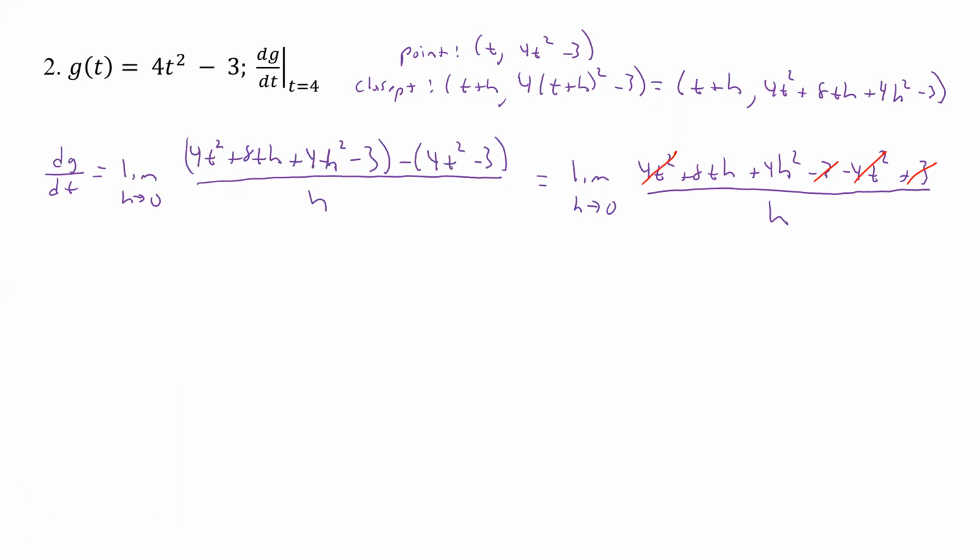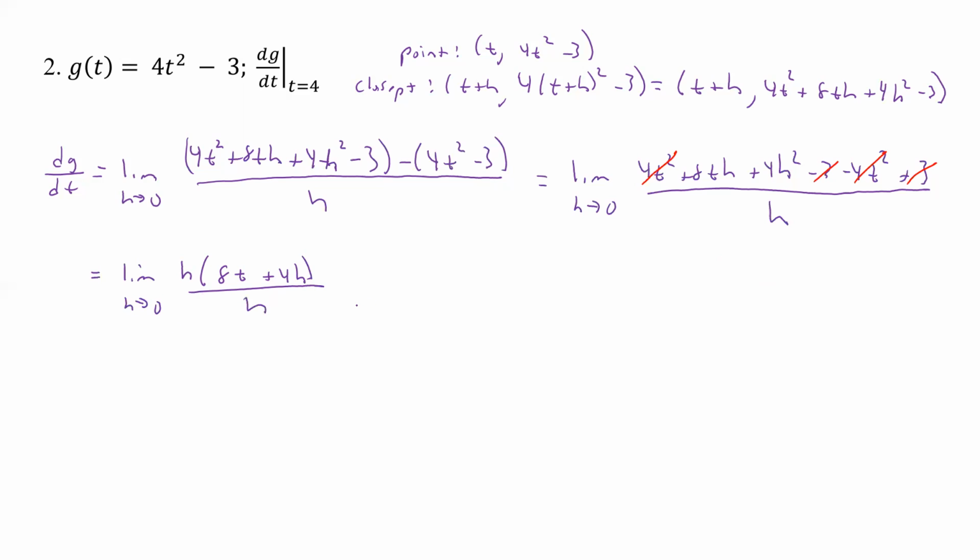Okay, now let's come back down here. And so that's going to be the limit as h goes to 0 of, now let's go ahead and factor out that h to start with. So then we can do maybe one last step. h times, and we have 8t plus 4h all over h.